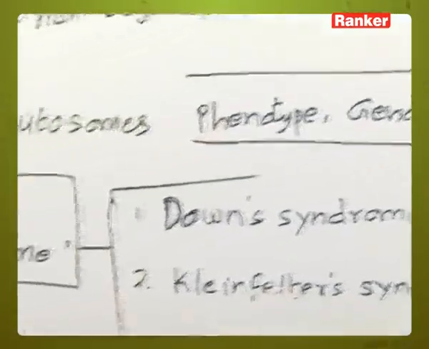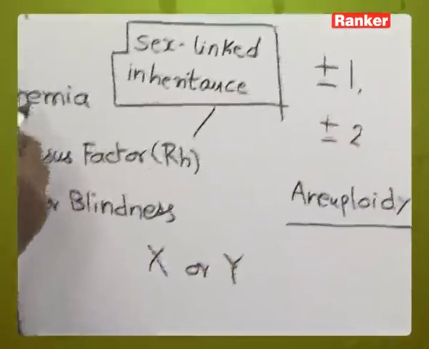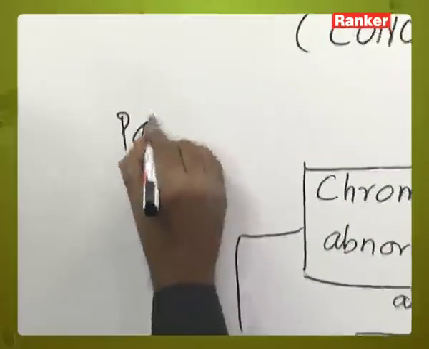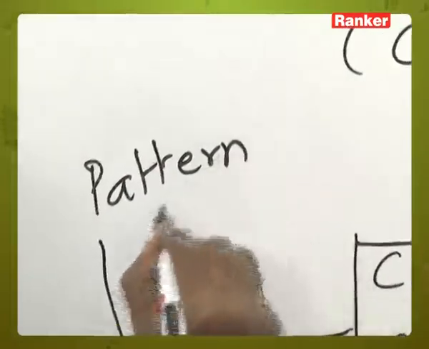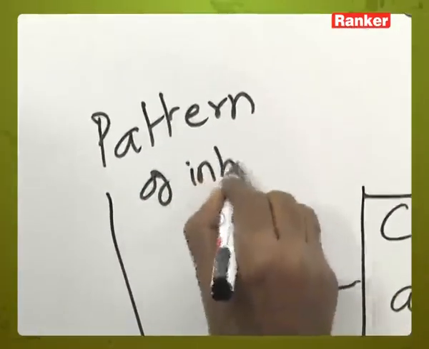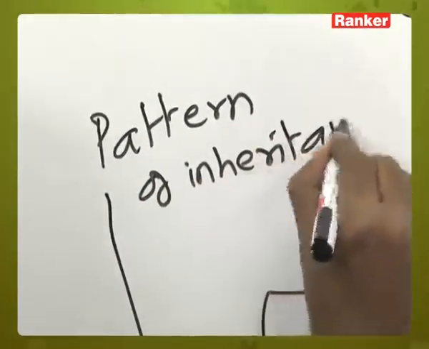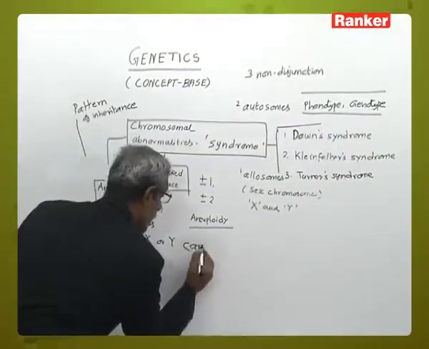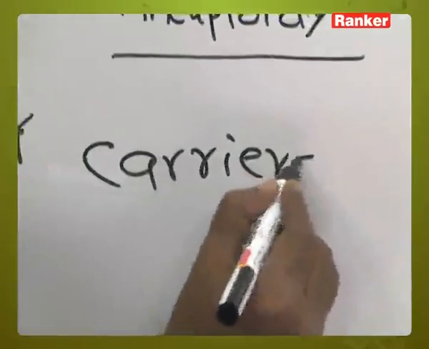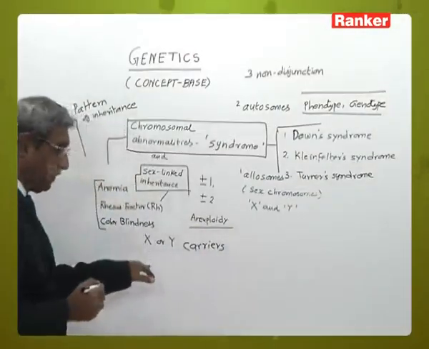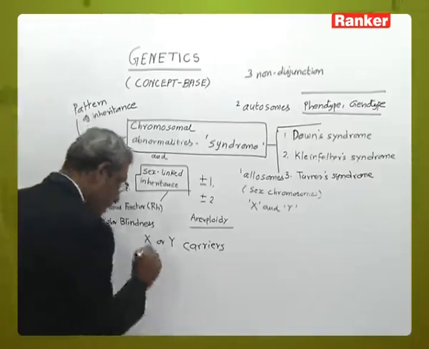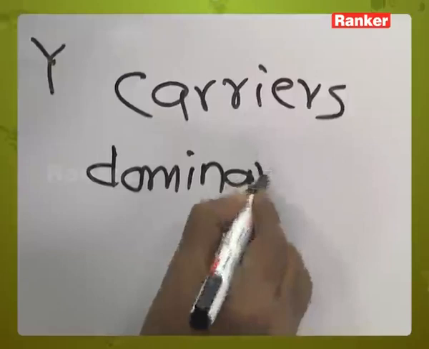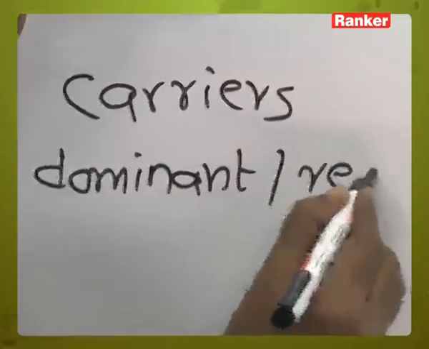And when it comes to color blindness, rhesus factor or anemia, the pattern of inheritance would be studied. How is the character transmitted from the parents to the offsprings, and who are the carriers of the particular gene of inheritance, and whether the gene of inheritance is dominant or recessive.